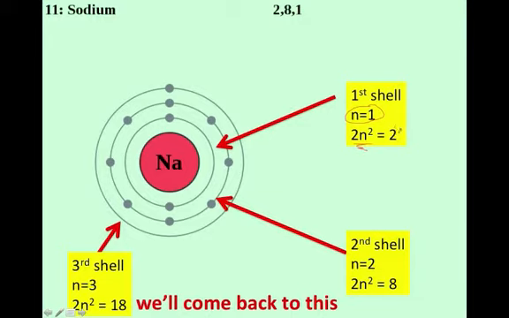There are 2 electrons in the first shell. If we go to the second shell, then n is 2. The principal quantum number is 2 because it's the second shell. That means there are 8 electrons, because 2 squared is 4, and 2 times 4 is 8.